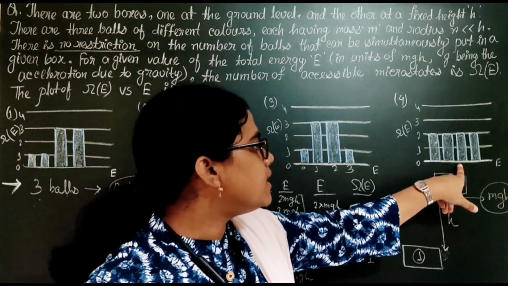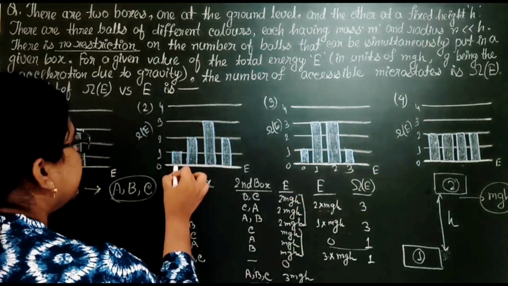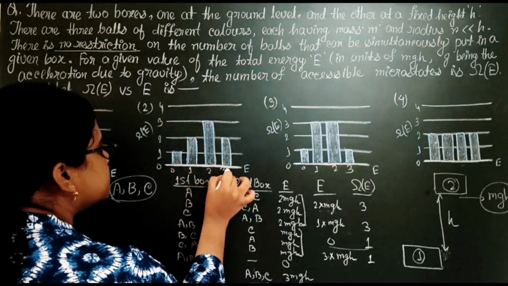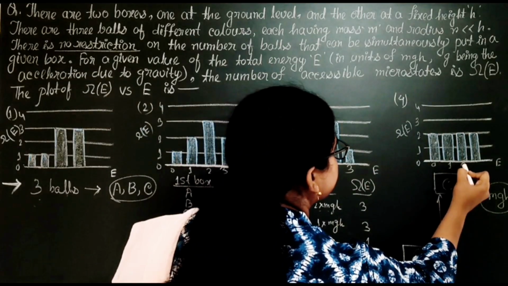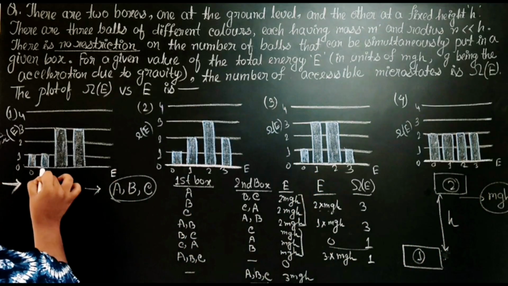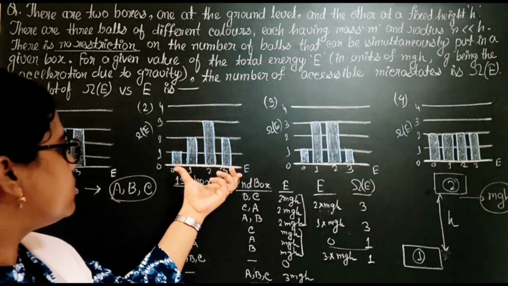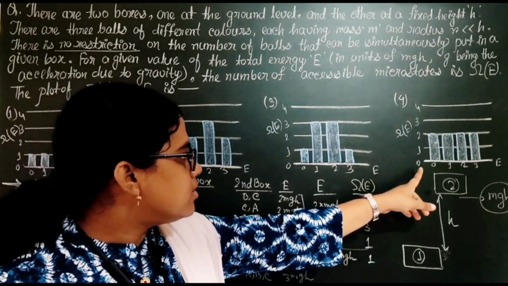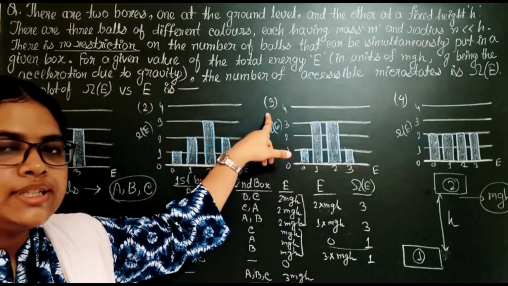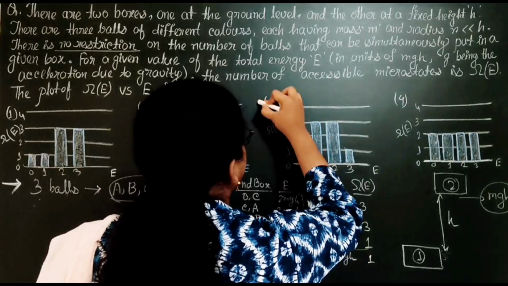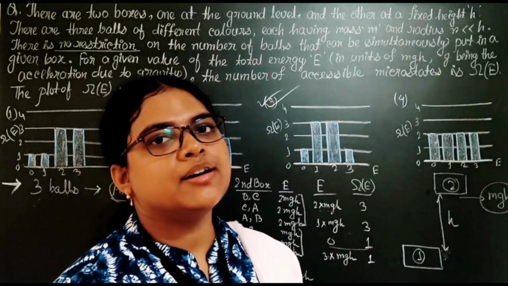The other options are not correct. Here all are 0, 1, 2, 3, so it is not satisfied with this. It also does not satisfy with this. It also does not satisfy. Only option 3 satisfies this answer. So our correct option will be option 3.